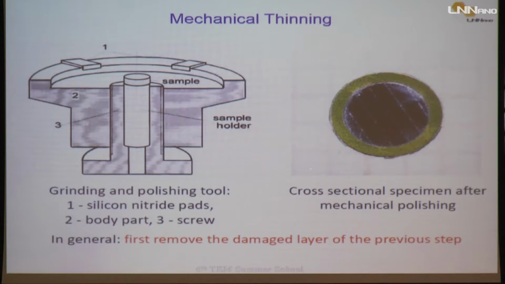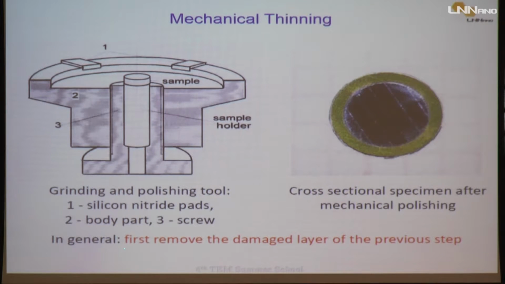Here you have a picture of the cross-section specimen after the mechanical polishing. You can see here the interfaces between the layered structure that you want to investigate, okay?